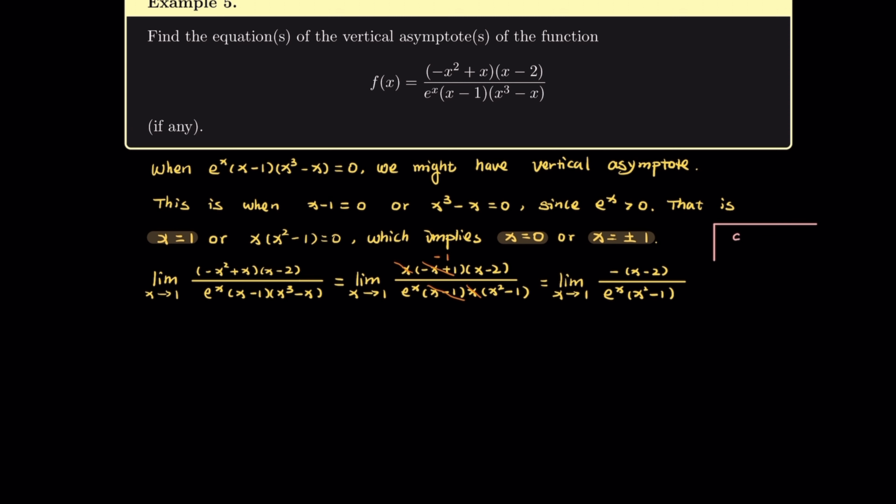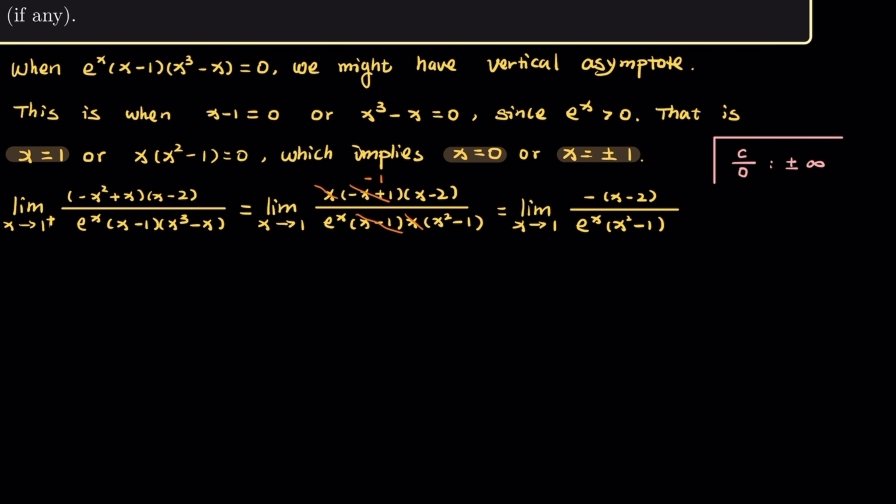When we have a constant over 0 case, we know that the limit is either plus or minus infinity. And in this case, we need to discuss the one-sided limit. So instead of 1, I need to check as x approaches 1 from the left and 1 from the right. Let's do 1 from the right first. Let's add plus here and plus here. So let's check this part.